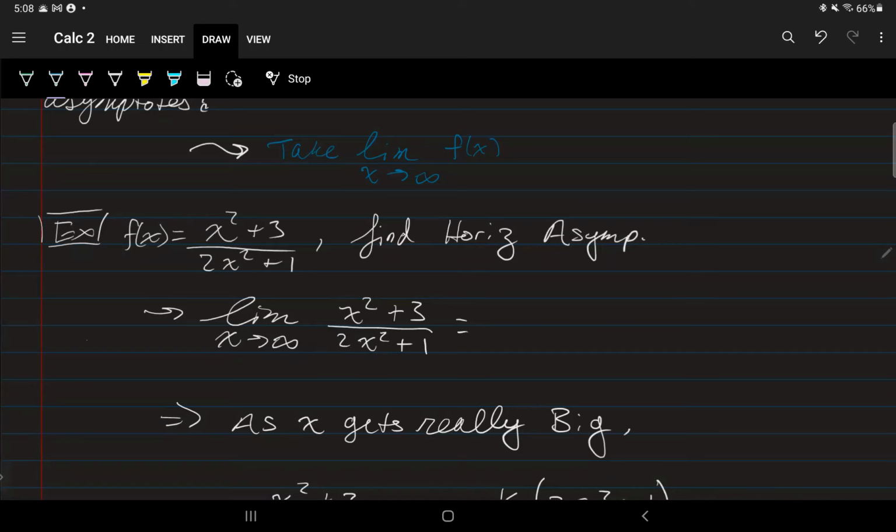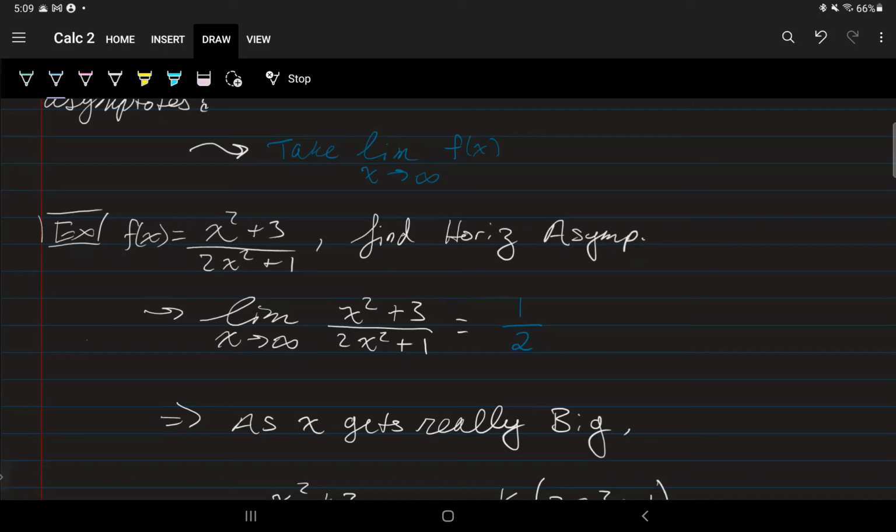But essentially, with full rigor here, in order to evaluate this limit, we would have to do L'Hopital's rule 2 times. It turns out that this limit is just 1/2 after doing L'Hopital's rule twice. So that means that this function has a horizontal asymptote at 1/2.